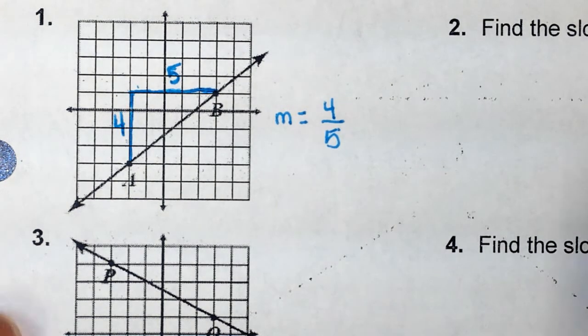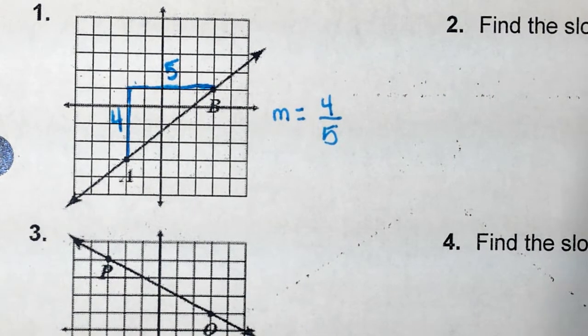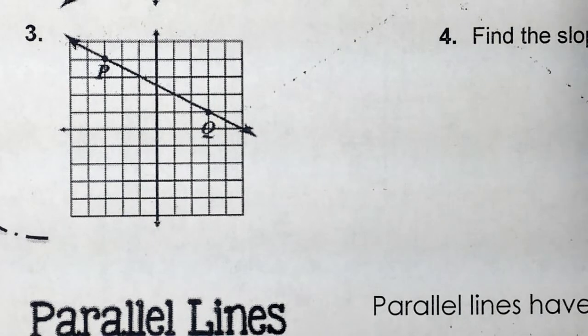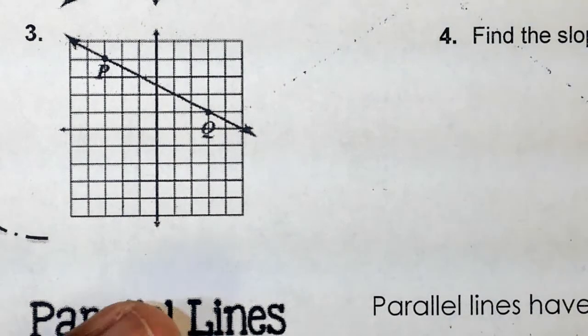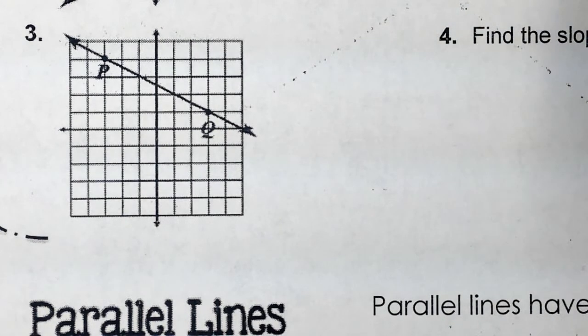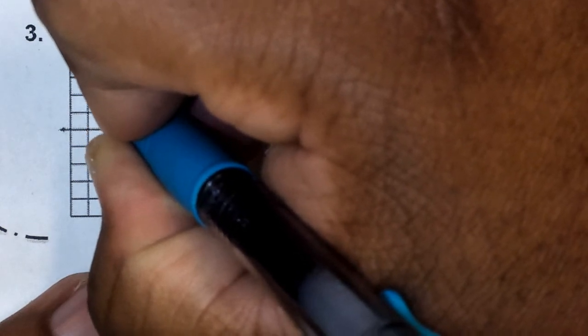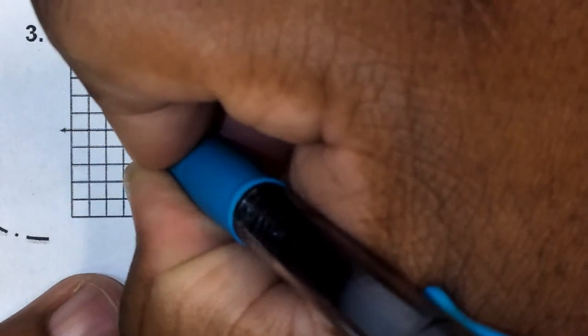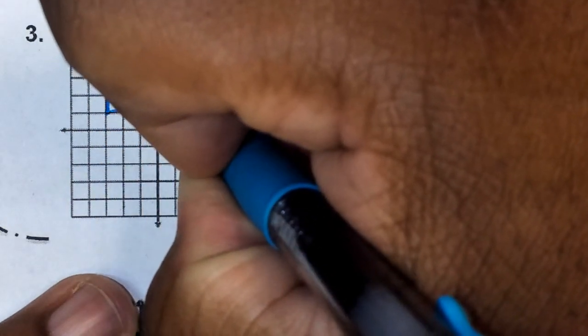Let's skip and do number 3 first, since it's the same. Let's do that. And we'll come back and do 2. And I'll let you do 4. 3. On this one, they want to know my slope from P to Q. So from point P to point Q here.